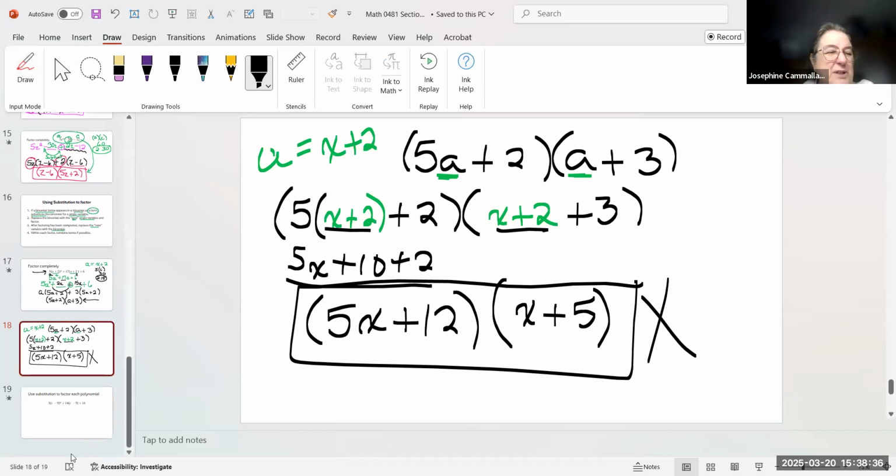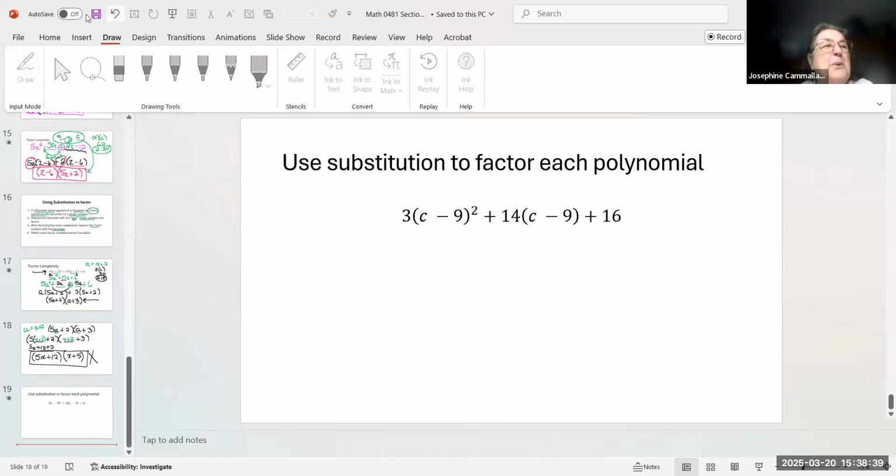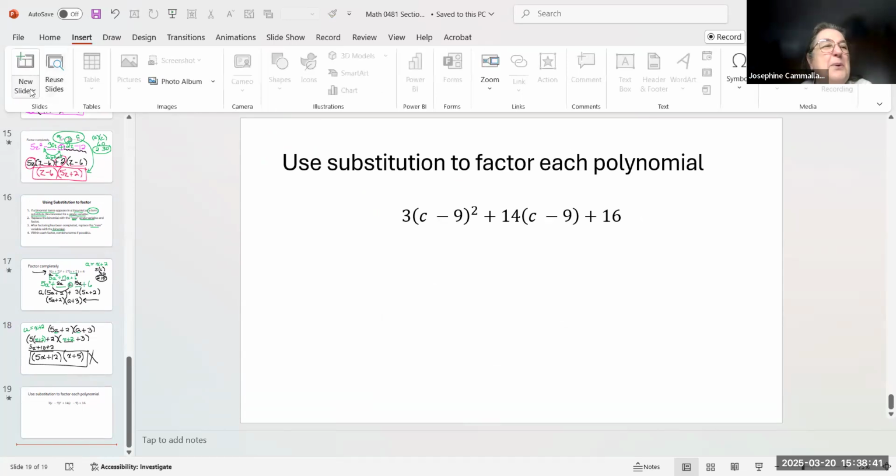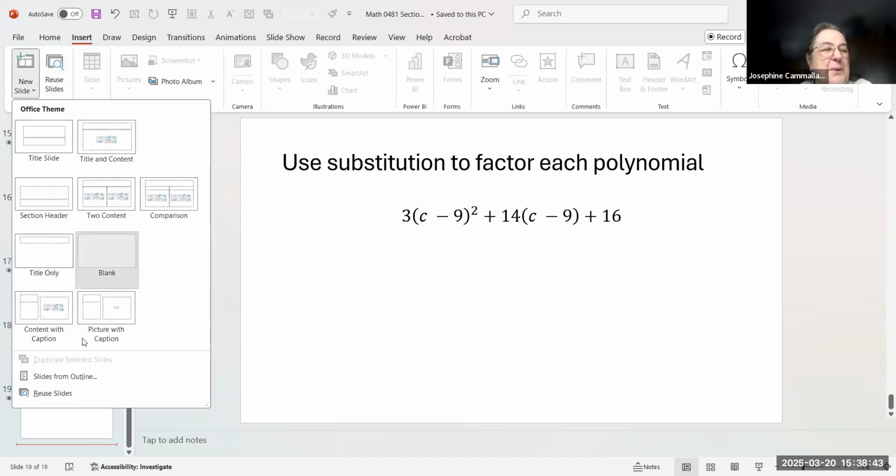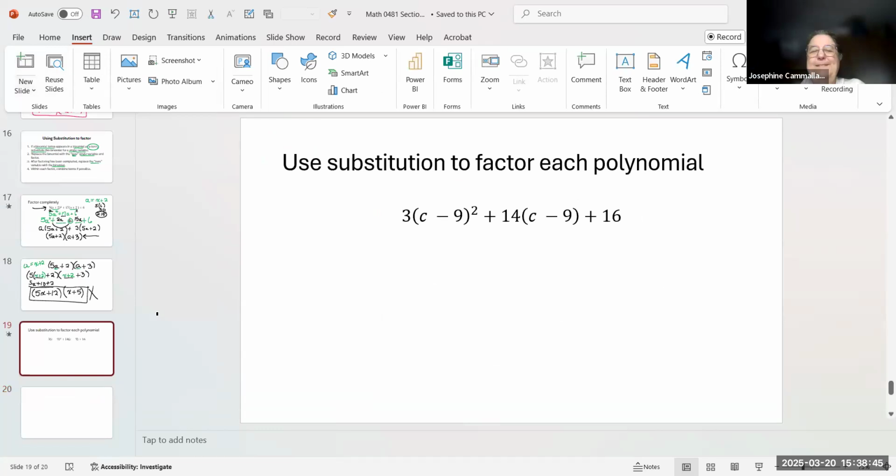Now, I'm going to do it one more time. Now, it's going to tell you to use substitution right away. Do you see I have c minus 9?